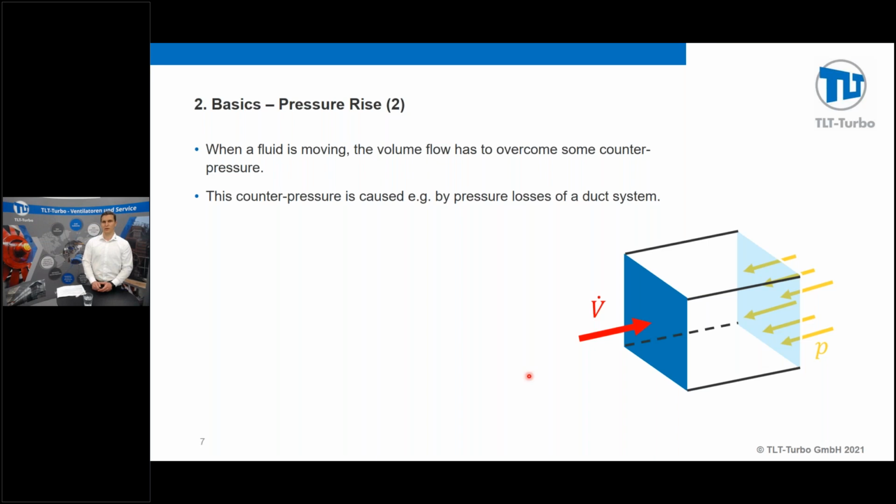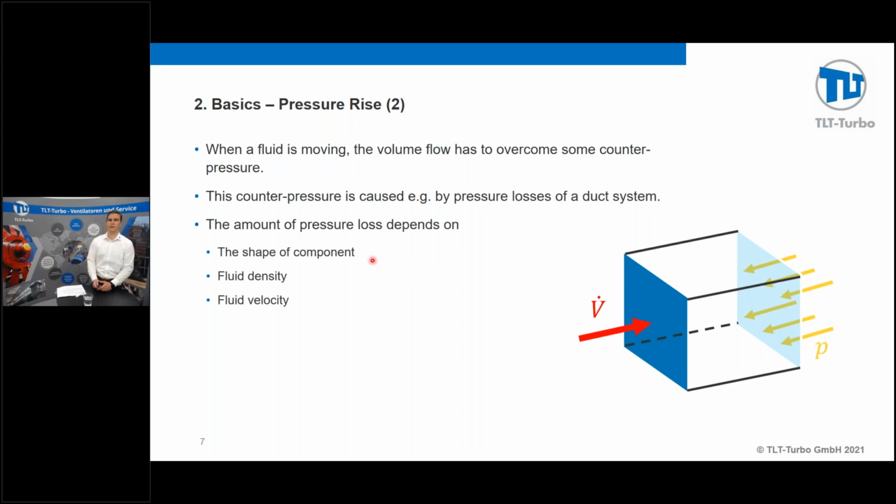This pressure loss depends only on 3 things. First, it's of course the shape of the component or the ducting part. So you would agree that maybe a straight pipe has another resistance than a corner or a bend. Second is the fluid density, and third is the fluid velocity.